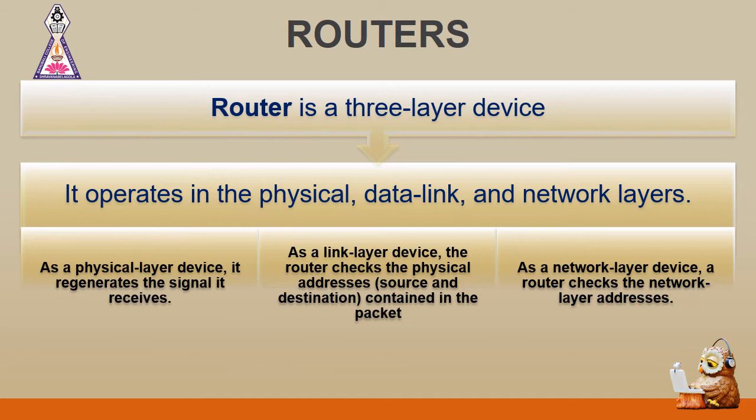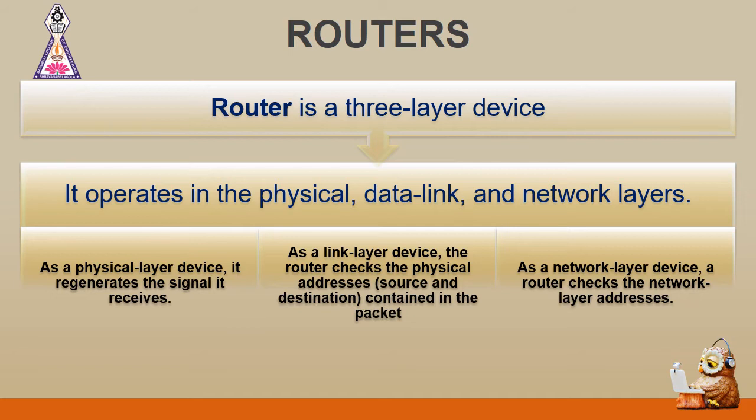In order to route any particular packet or frame that has been received, the source and destination addresses are important. The link layer address, that is the physical address, is functional at the data link layer. That means the data link layer can identify and understand the physical address.